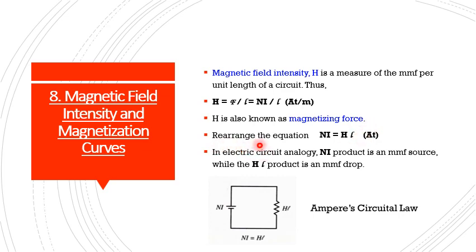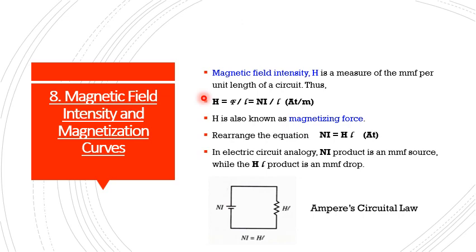So we can rearrange this formula and get Ni equal to HL. In electric circuit analogy, the Ni product is an MMF source, while HL is the product of MMF drop. So Ni is similar to the voltage source, and HL is similar to the voltage drop.